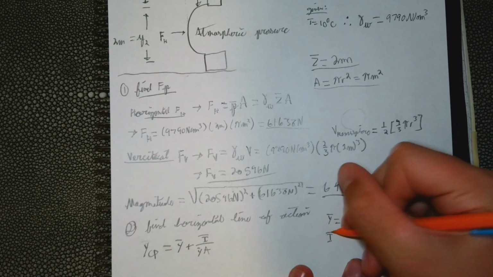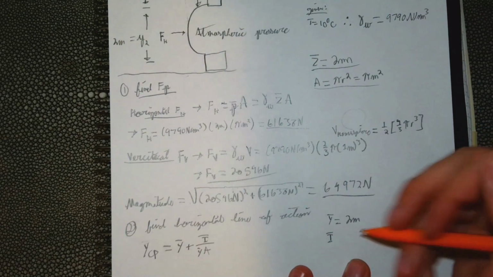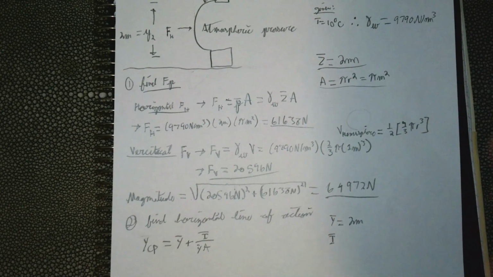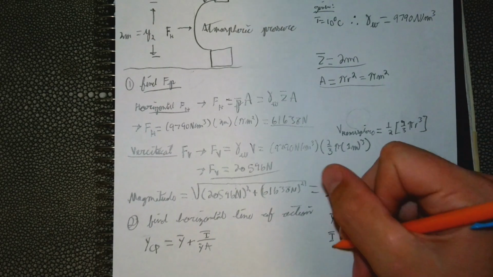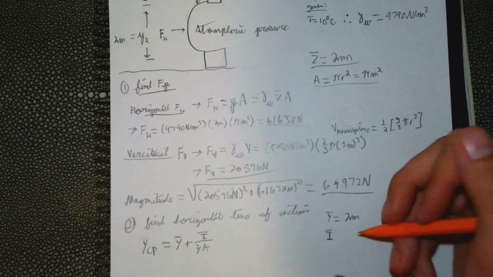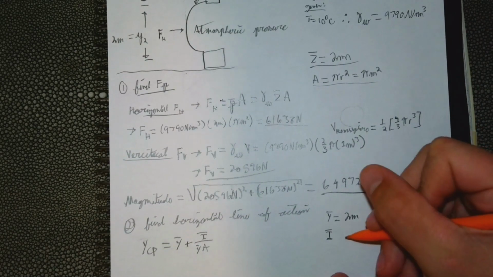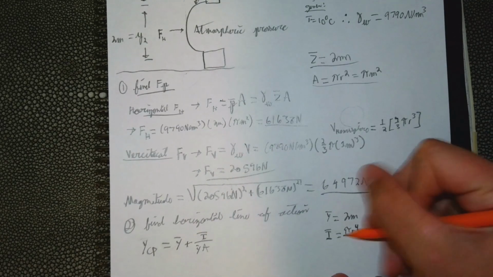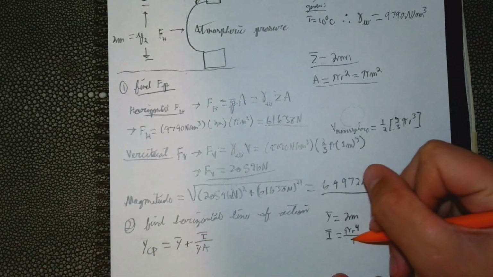For the moment of inertia, we're using a circle again because at the horizontal perspective, if you were to look at it, it is a circle. The area is a circle from that perspective. So you're going to be using the moment of inertia of a circle, which is pi r to the 4th power over 4.